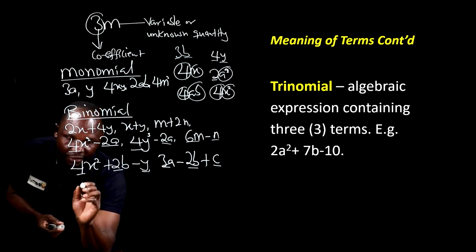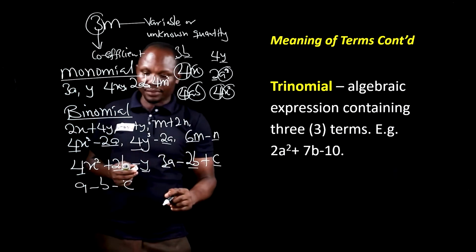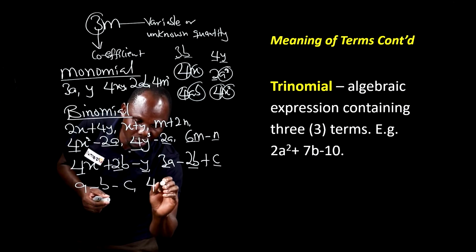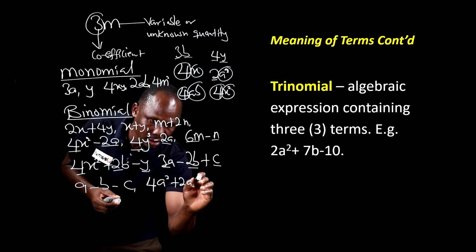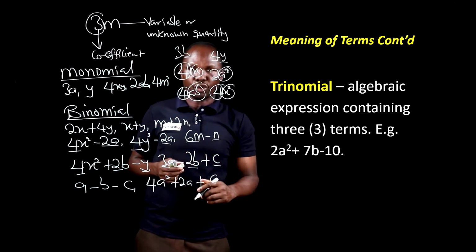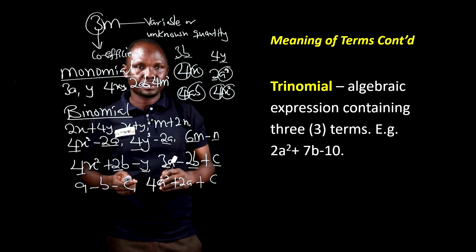If you have a minus b minus c, it is also a trinomial. If you have 4a squared plus 2a plus c, it is also a trinomial because it contains three terms.